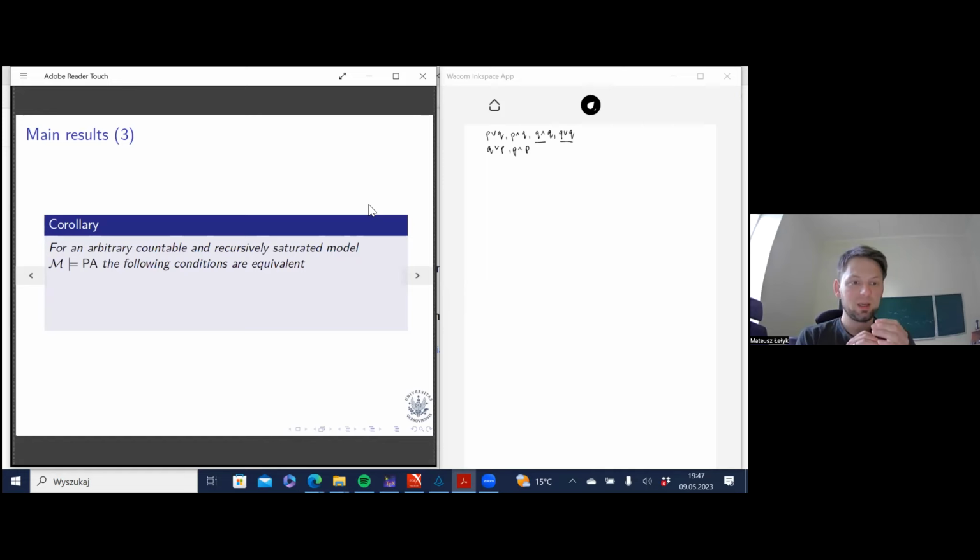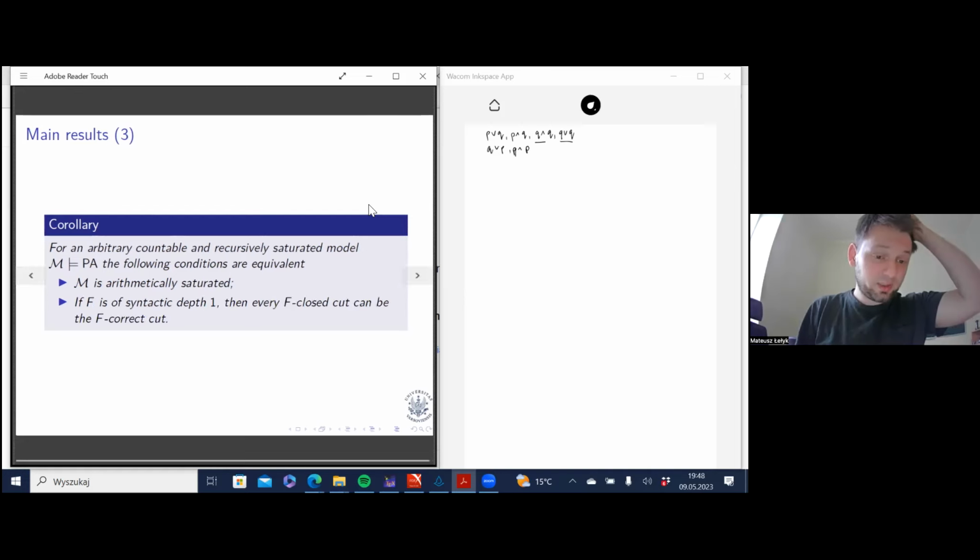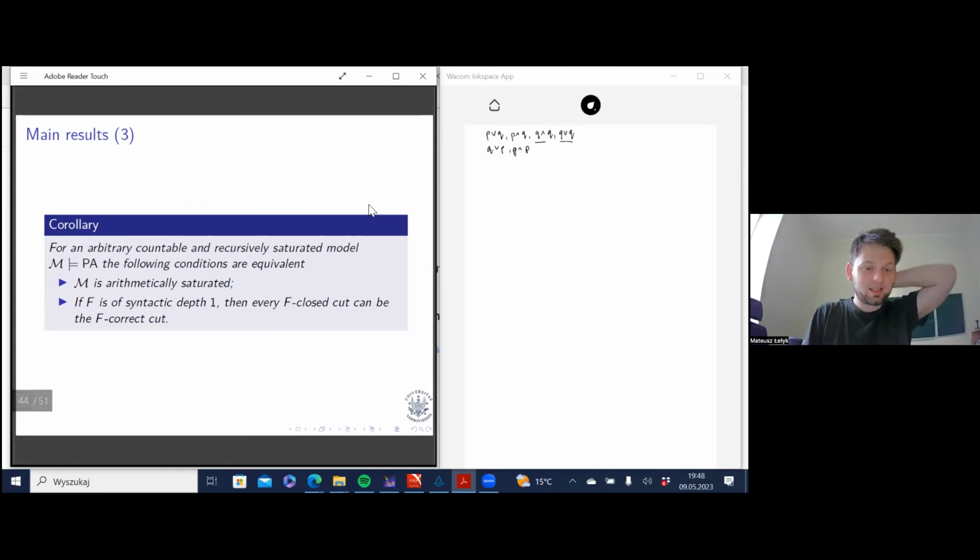So the main result, which is a corollary of these results and some results on models of PA discovered much earlier: for an arbitrary countable recursively saturated model of PA, the following conditions are equivalent. Firstly, M is arithmetically saturated, and secondly, sorry, this is my fault, the second condition should be: every cut is either separable or has no least F gap above it.